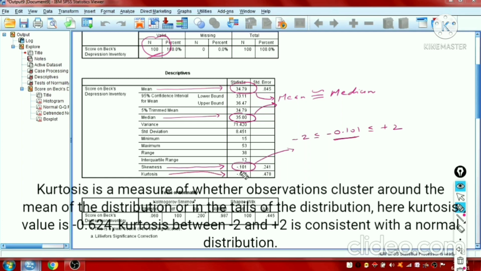Kurtosis is a measure of whether the observations cluster around the mean of the distribution or in the tails of the distribution. Here the kurtosis value is minus 0.624. Kurtosis between minus 2 and plus 2 is consistent with the normal distribution.